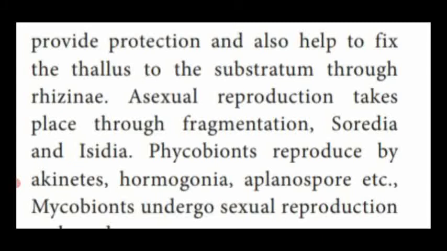These lichens also show asexual reproduction by fragmentation. That means the lichen body is divided into a number of fragments. Each fragment develops into a new individual. And also special organs called soredia and isidia.